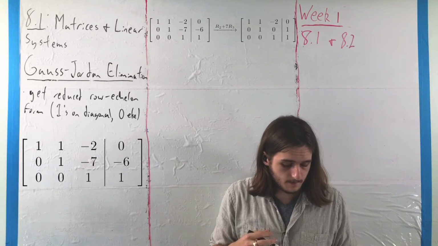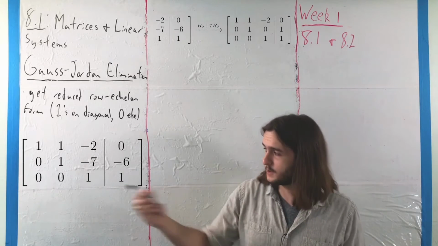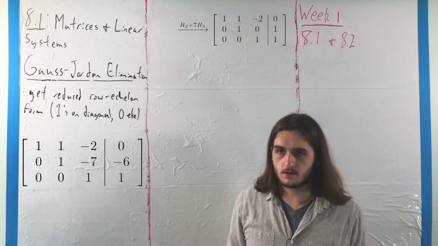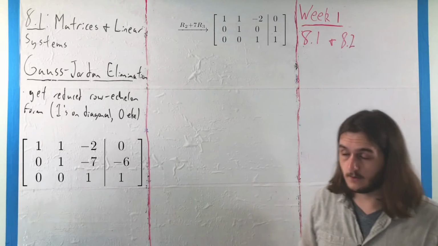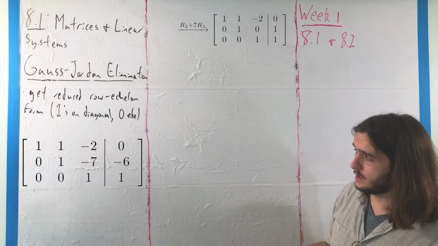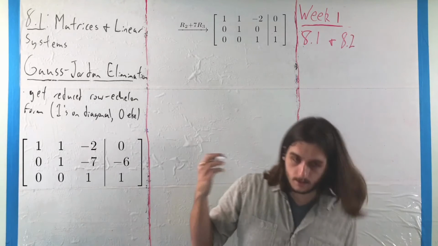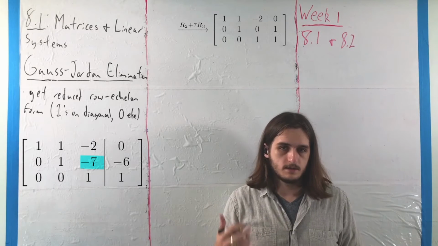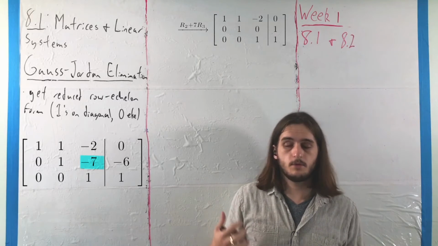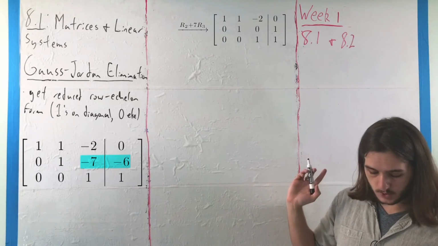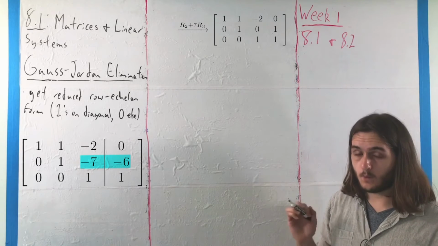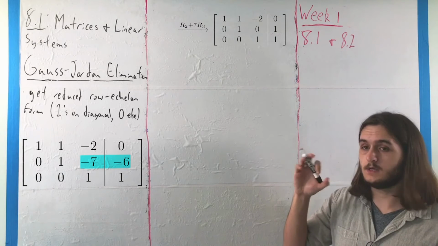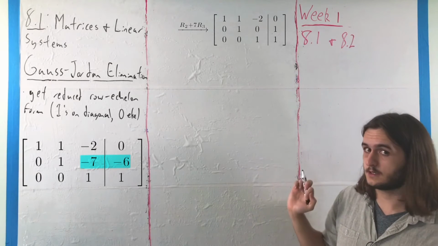What we're going to have to do is add 7 times the third row, which is just a 1 and a couple of zeros, because we're already in row echelon form, and get rid of the 7. Then we're also going to have 7 times 1 plus -6, which will leave us with a 1. So our second row is going to get cleaned up and be 0, 1, 0, 6.